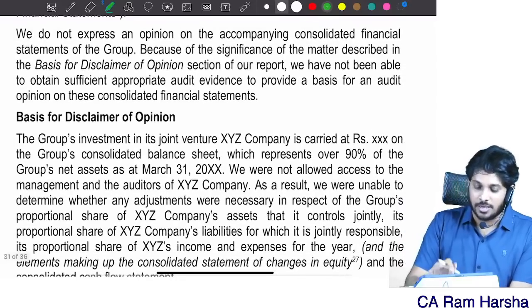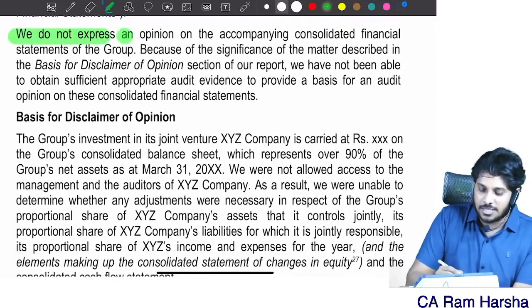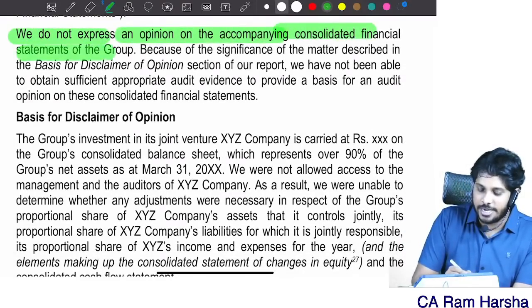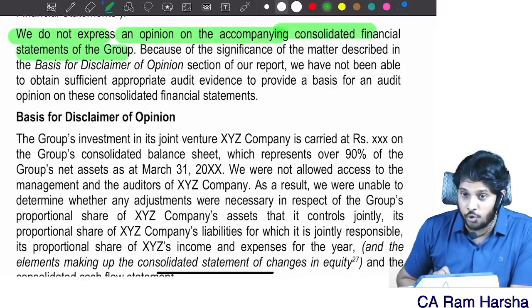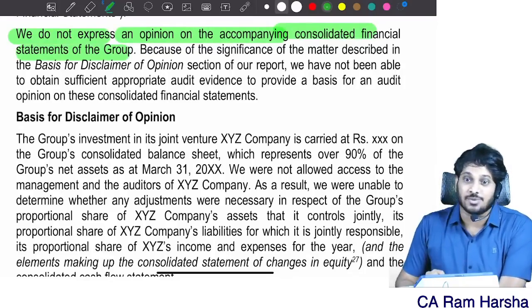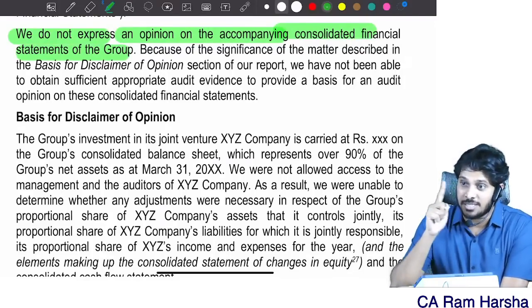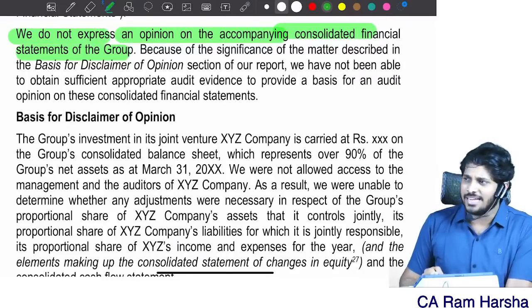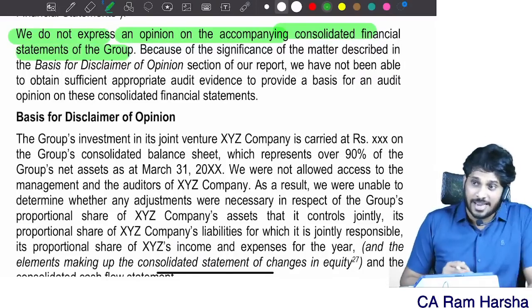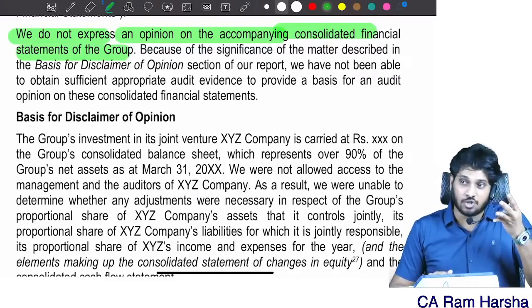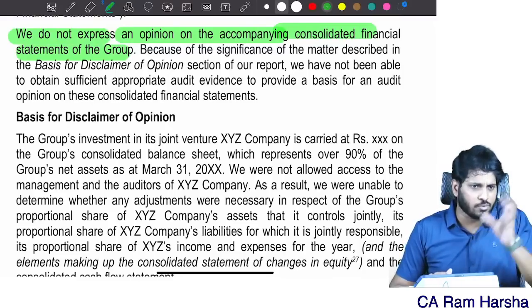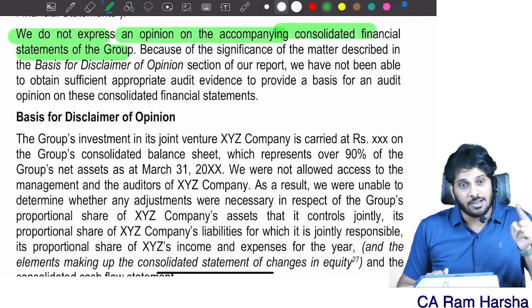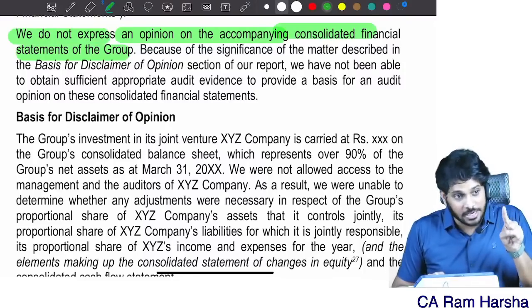Now here you see, we do not express an opinion on the consolidated financial statements of the group. Straight away we started the sentence with that. Can I use words like in our opinion, to the best of our information, according to the explanation, as in adverse, qualified, unqualified opinions?